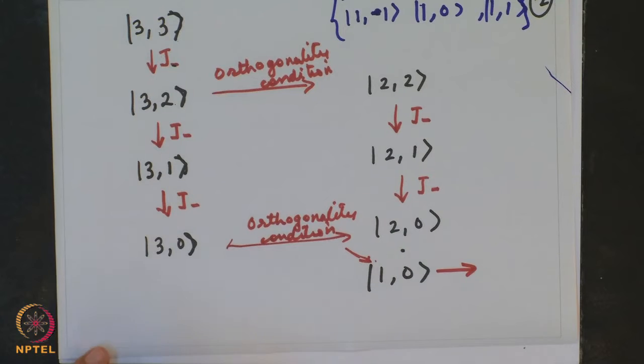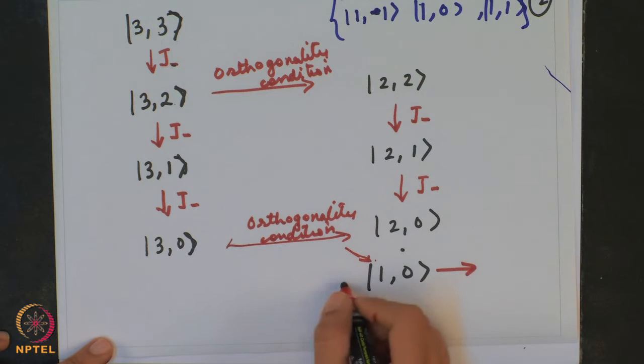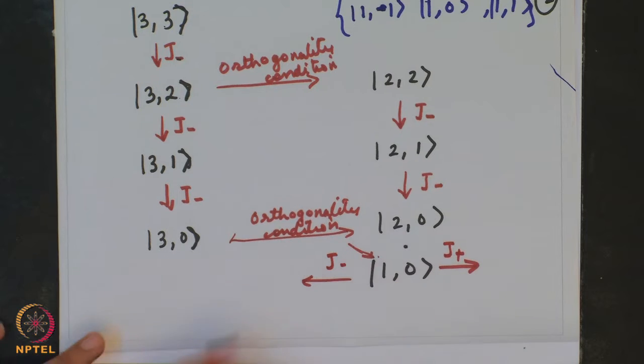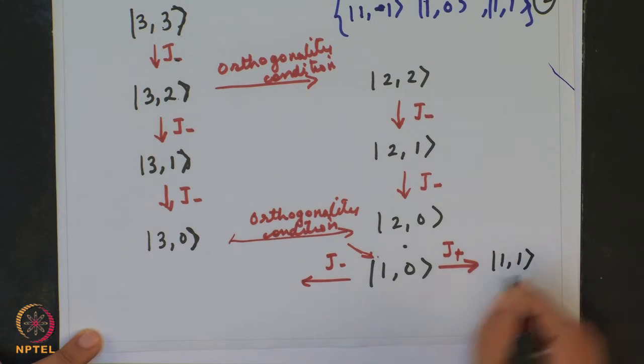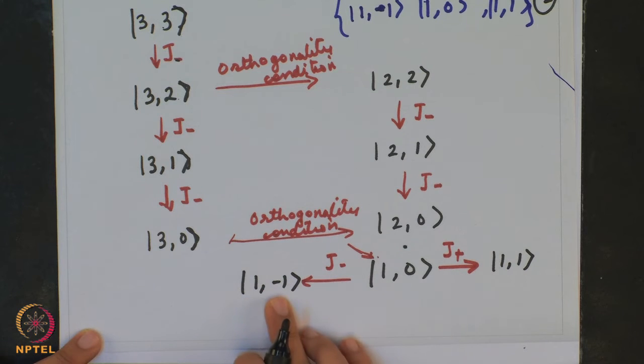That is why we have to go through these steps. The other way would be to start from 0, 0 and go up to the 1, 1 state. So, I can go in 2 ways. I apply a j plus or I apply a j minus. When I apply a j plus, I obtain the 1, 1 state. If I go backwards, I obtain the 1 minus 1 state.